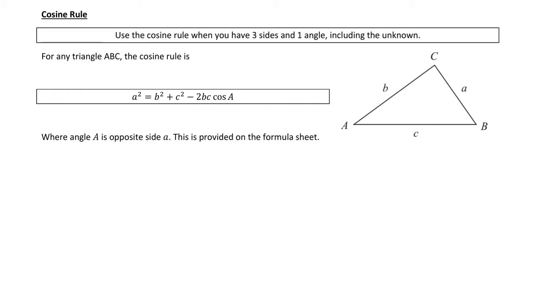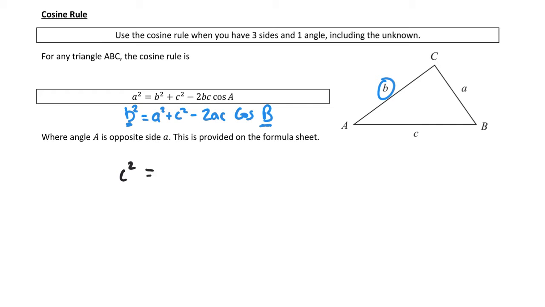Now we can manipulate this formula as well, so that if we were trying to find side B, we could write it as b squared equals the other two sides, so a squared plus c squared minus 2ac cos B. So the b squared matches up with the cos B. And we could do it for C as well.